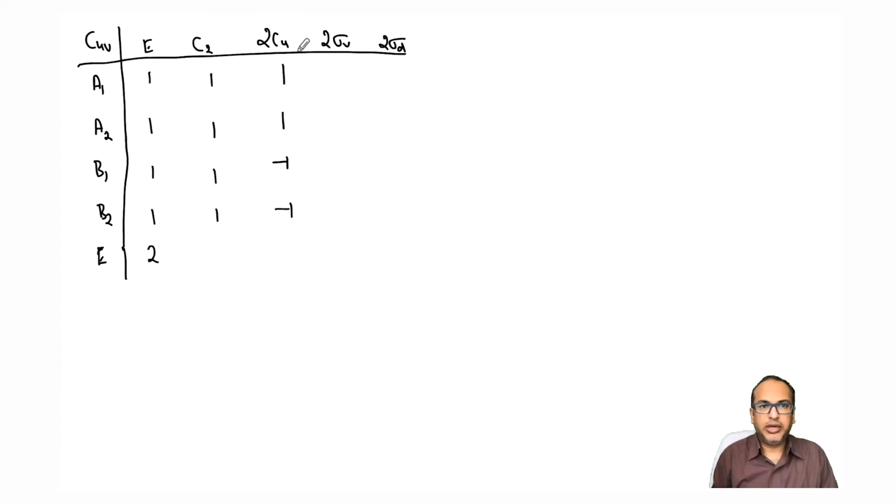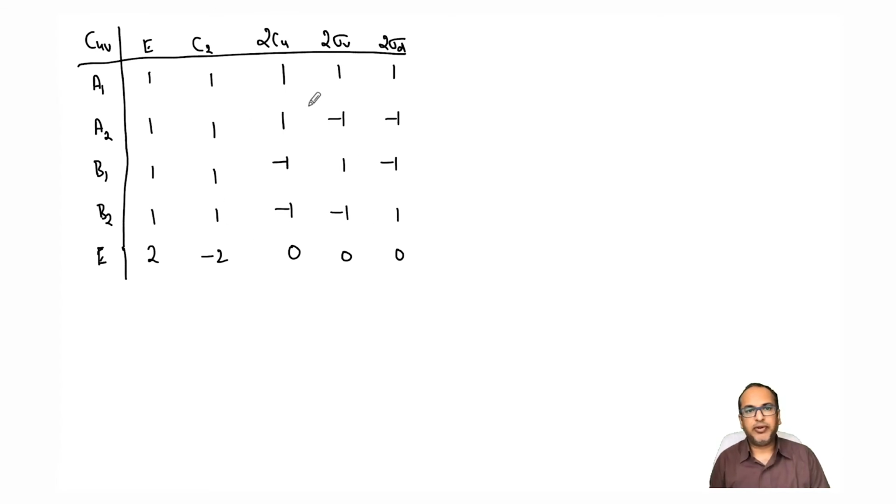This is C2 collinear with the principal axis, and then from sigma v, we can say that this will be positive because this is A1, and this will be negative because this is A2. Similarly, positive, negative, and this also we cannot tell from Mulliken symbols. So we have to look at the notes: -1, 1, and the rest of this also we cannot tell, 0, 0, 0. Okay, but we could still fill a lot of the character table by just looking at the Mulliken symbols, right?